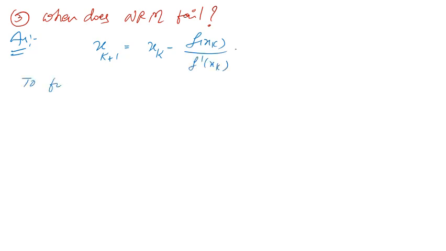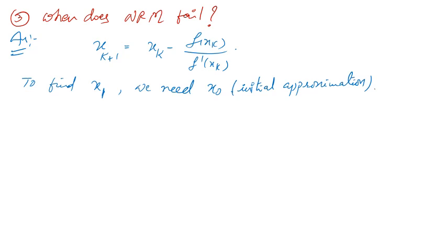To find x1 we need x naught, which is the initial approximation, correct? How to choose this initial approximation? That is our choice. So the initial approximation is made by our choice.